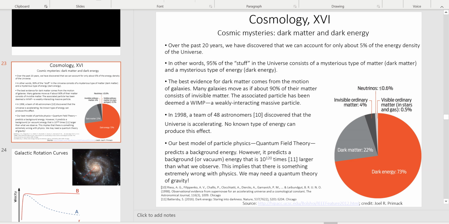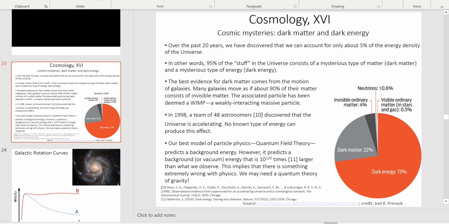Let's start with dark matter. Dark matter, we think, constitutes around 20 to 23% of the energy of the universe. Dark matter is some kind of matter, some kind of particle that has mass that we think surrounds and is inside galaxies. And we think that the vast majority of matter in any given galaxy is actually dark matter.